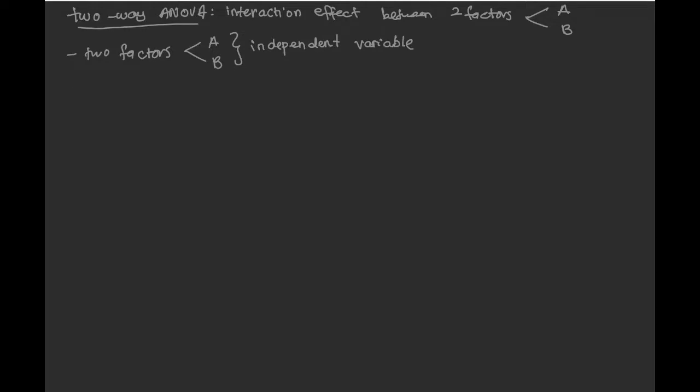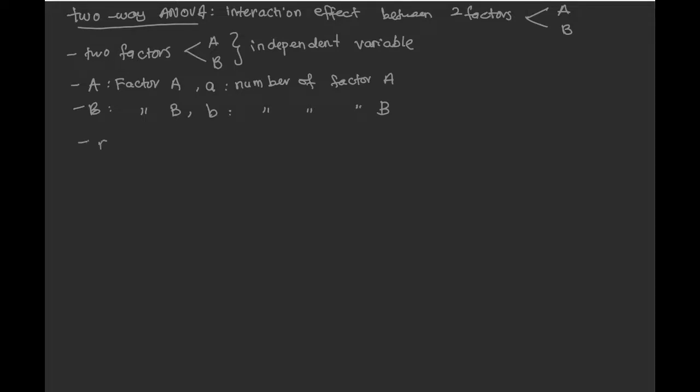Capital A, we call it factor A, where small a is the number of levels of factor A. Capital B, we call it factor B, where small b is the number of levels of factor B.